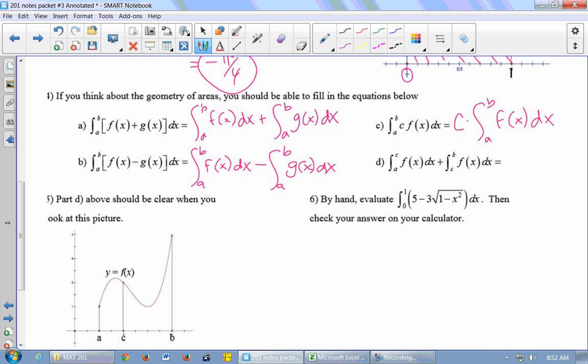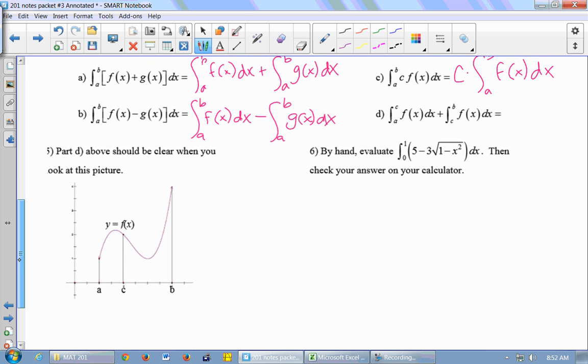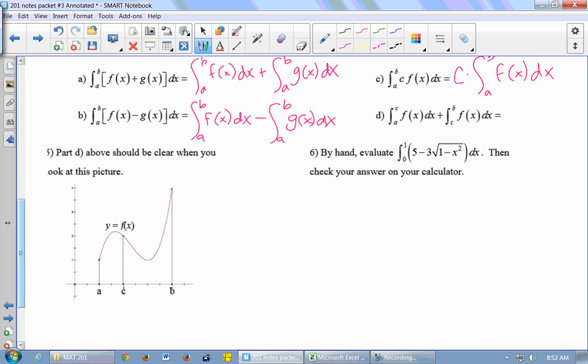All right, so if I want to take an integral from a to c and then add an integral from c to b, if you picture c being some x value between a and b, this seems really obvious. So c is going to be a value between a and b, so I'll draw a picture of it. So I've got an interval from a to b.